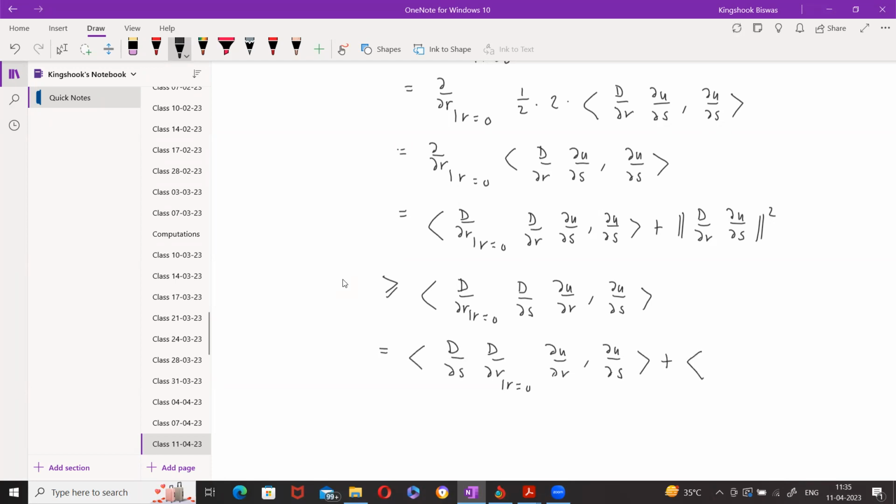This is D del r D del s minus D del s D del r, and that will give me a curvature term R of del u del s, del u del r acting on del u del r, because that's the vector field here. And then I have inner product with del u del s.